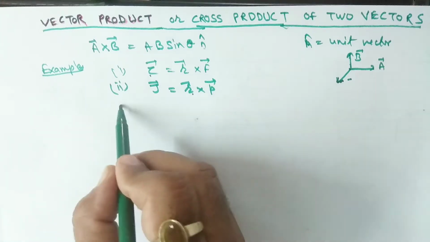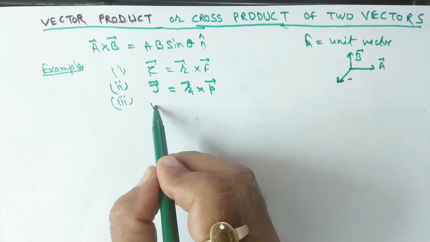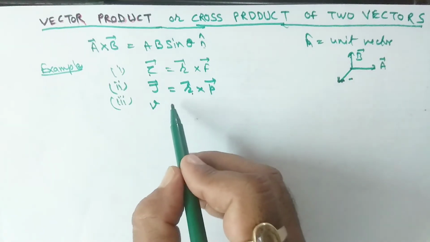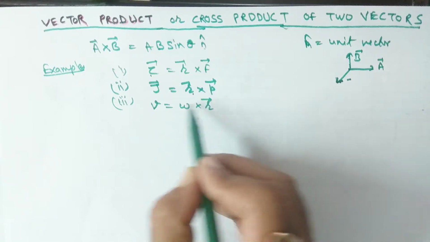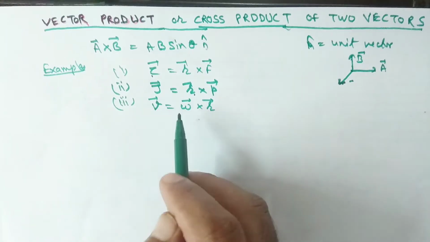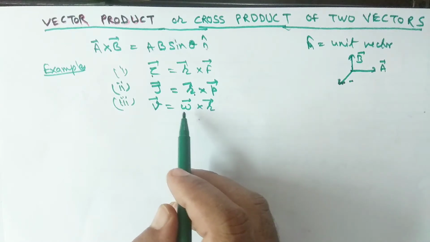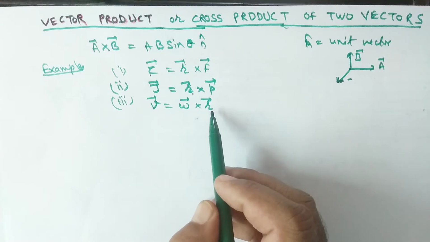We can see one more very common example, that is v is equal to omega cross r. So the linear velocity is equal to the product of the angular velocity and the position vector r.